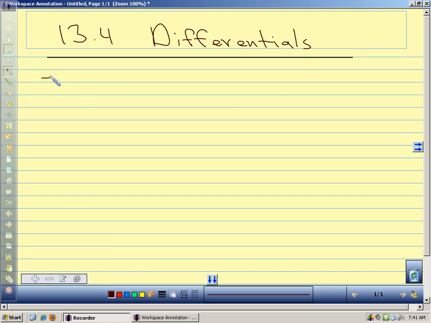So for a single variable function, and this was from back in Calc 1, after you learned how to do derivatives, we came up with what we called the differential of y.